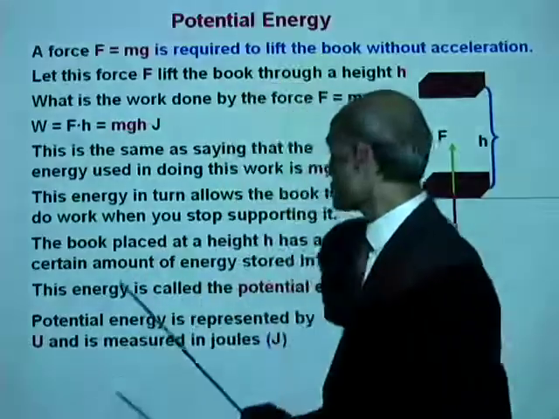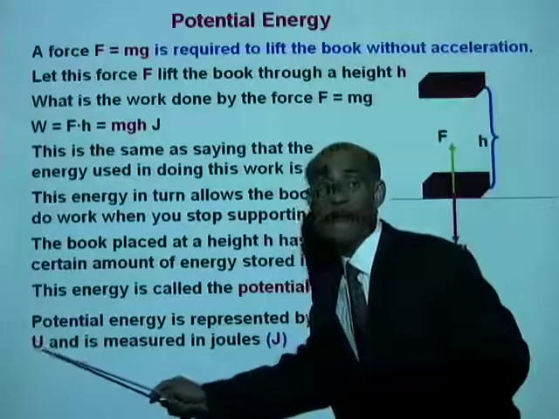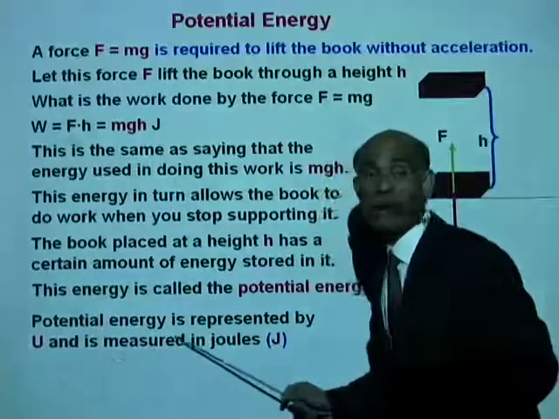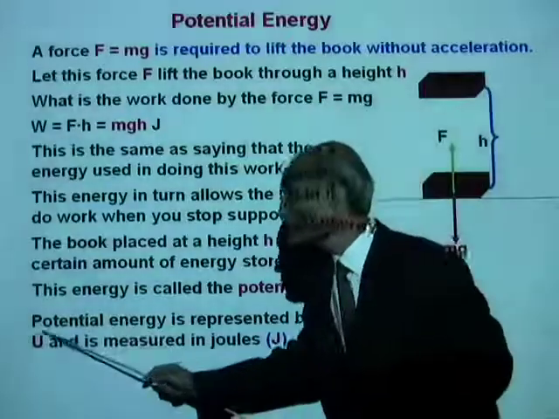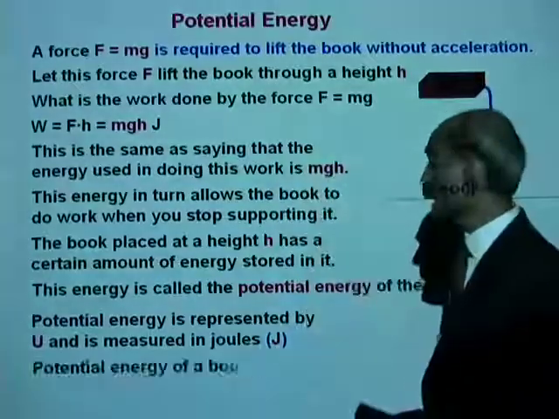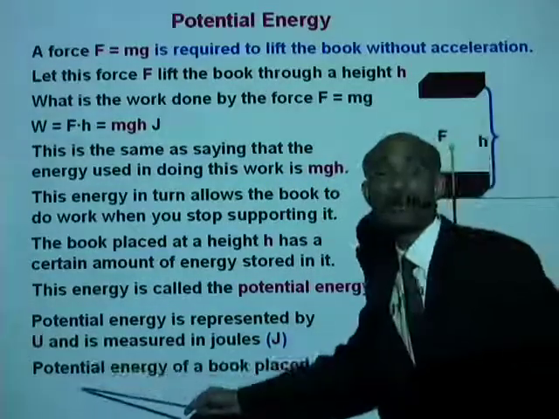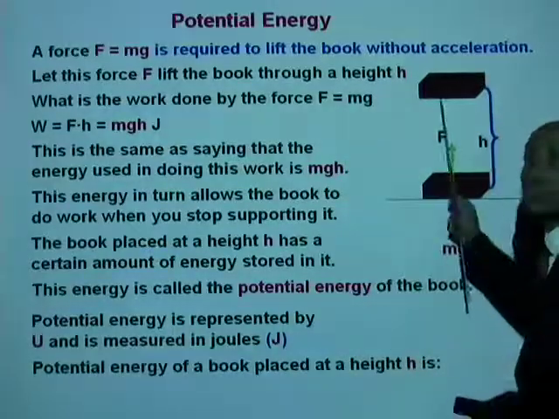So, potential energy is represented by the letter uppercase U, and of course it is measured in joules. Whenever you want to represent potential energy, we will use the uppercase U. What is the potential energy of a book placed at a height h?